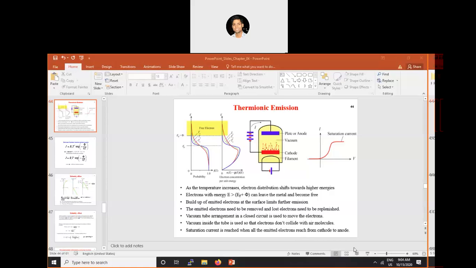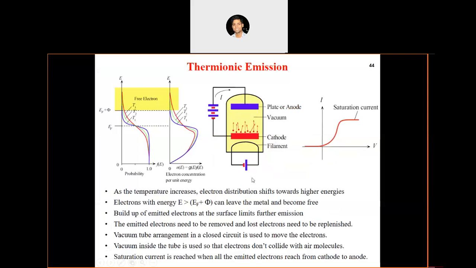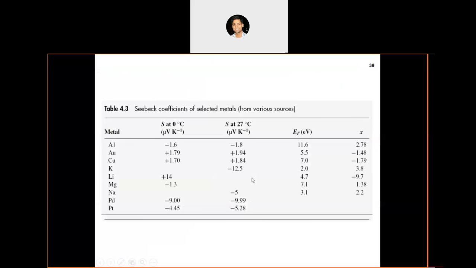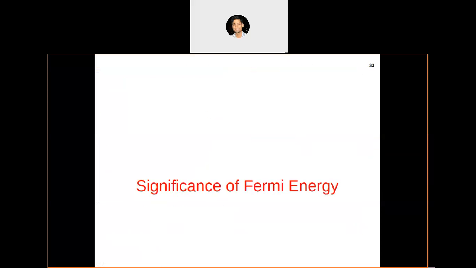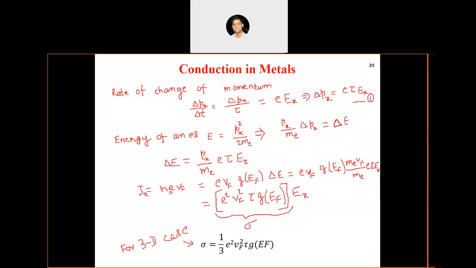Okay, so let us have first a quick recap of what we did in the last class. In the last class, we applied the free electron model or Sommerfeld model to derive the conductivity of metals, right?